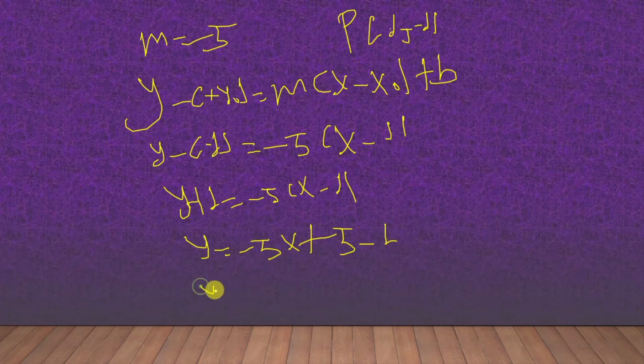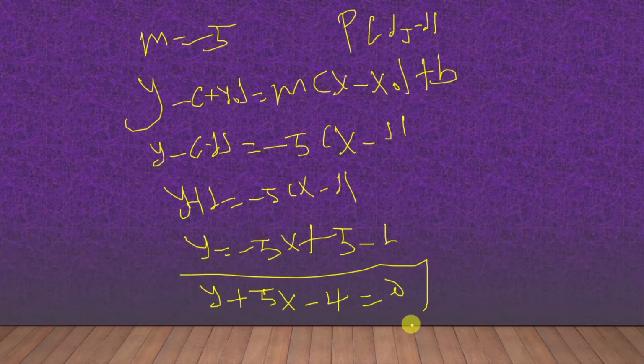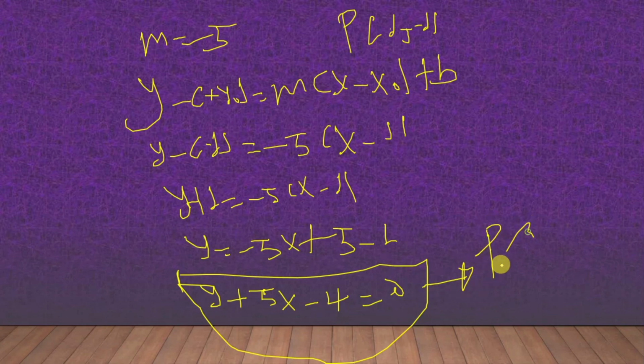Here 5x plus y minus 4 equals 0 is the general equation of this line, the line which is tangent to g of x at the point (1, -1).